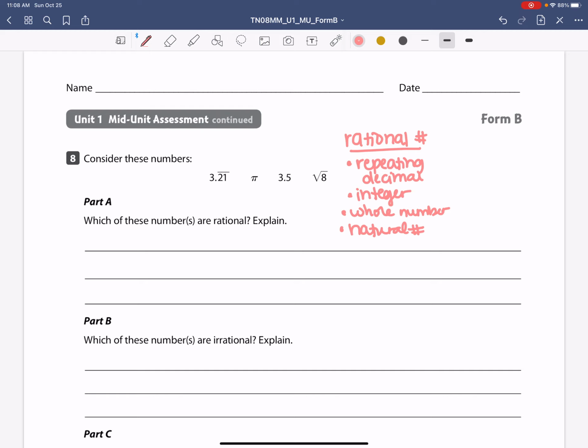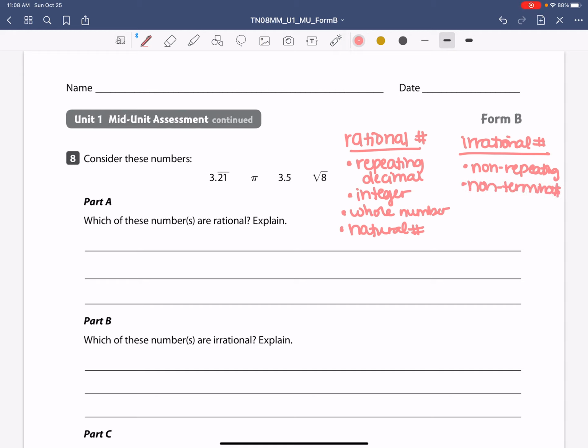Something like that. And an irrational number is a non-repeating, non-terminating decimal. Okay?